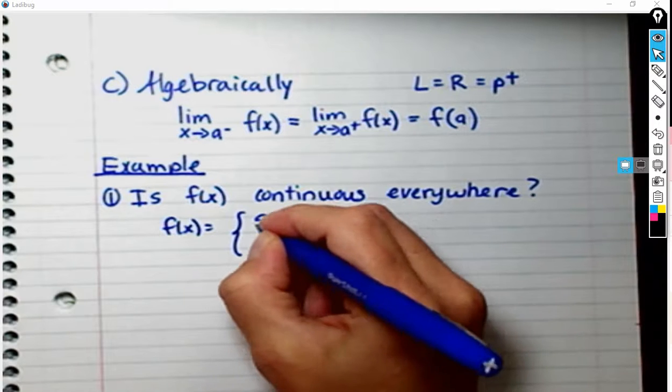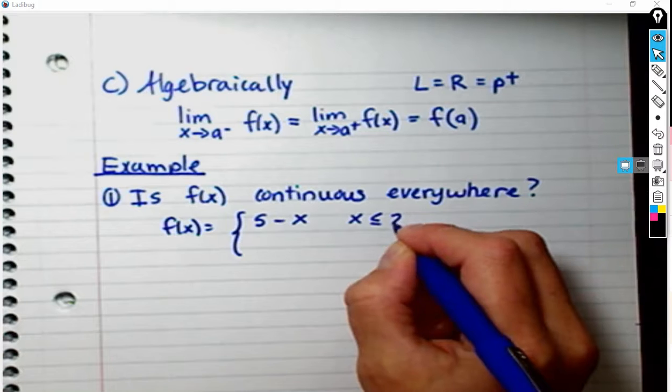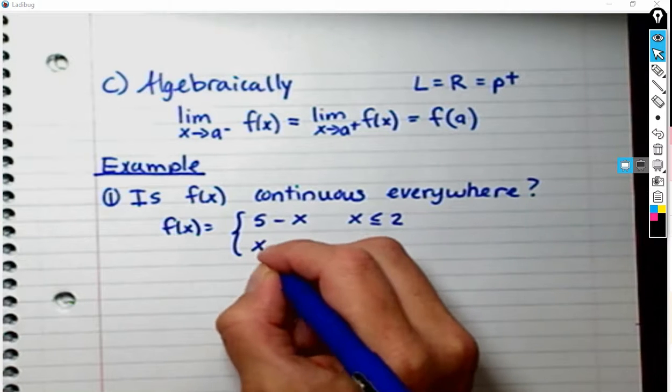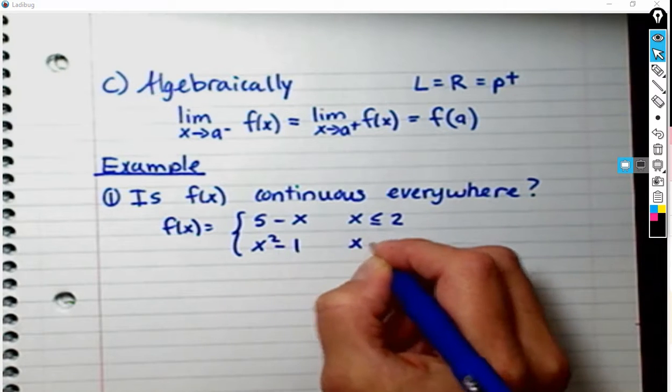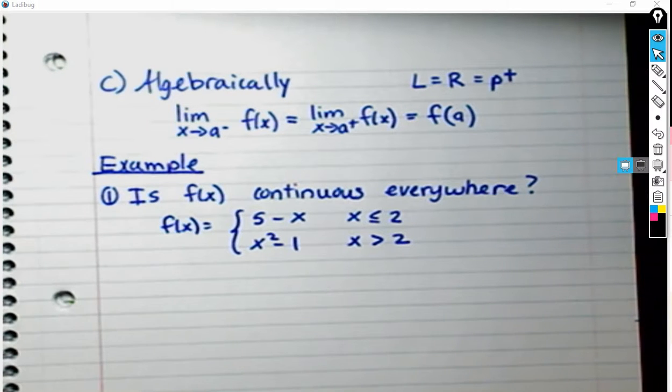Here's my f of x. It's going to be a piecewise definition. We'll do x squared minus 1 or more than 2. So I have two pieces.